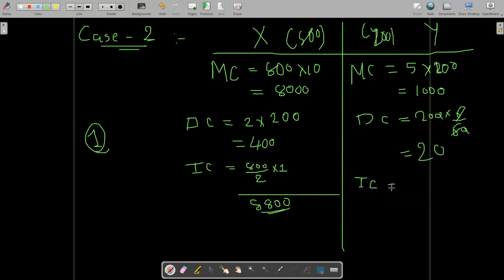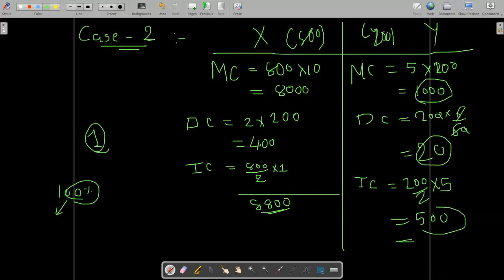Inventory cost is what? Total quantity divided by 2 multiplied by inventory carrying cost, that is 100% in Y. 100% means that whatever the unit cost of the price, it will be the same as the inventory cost. So here unit price is 5 rupees. So it is 500. When you do the sum of 1000, 20, 500, it is 1520.